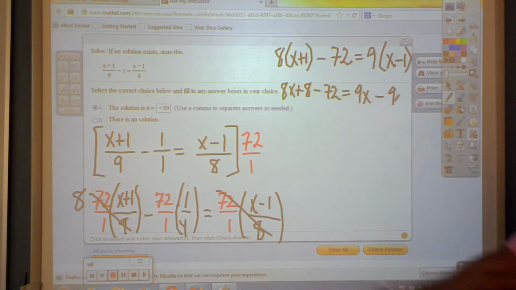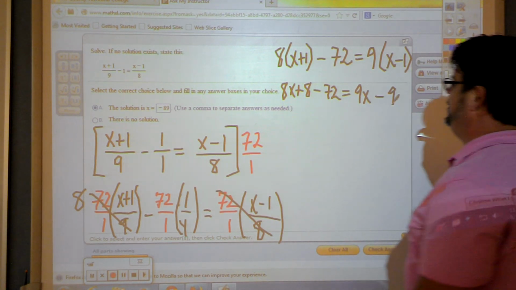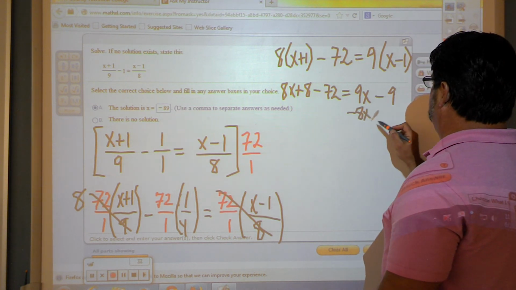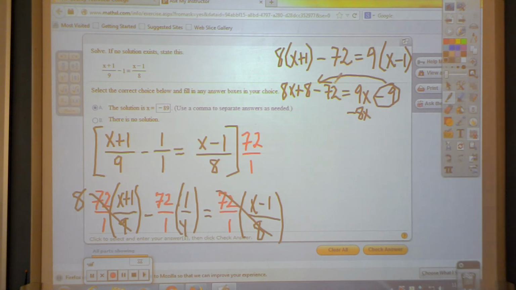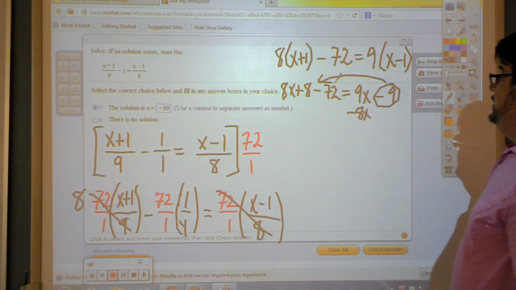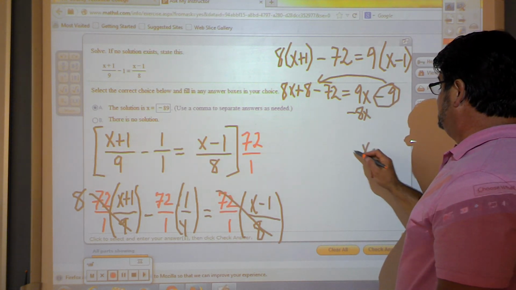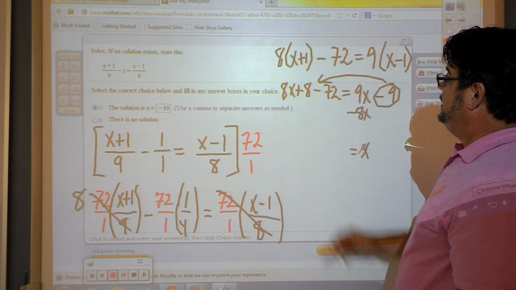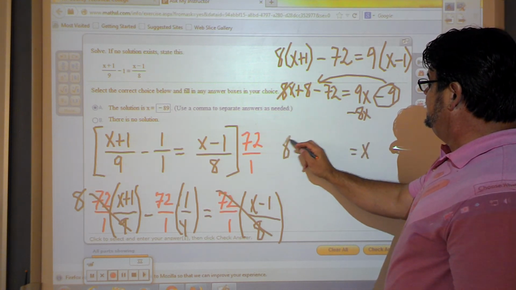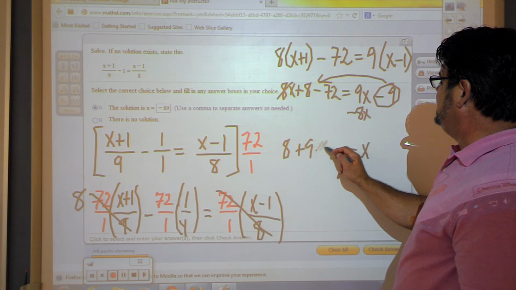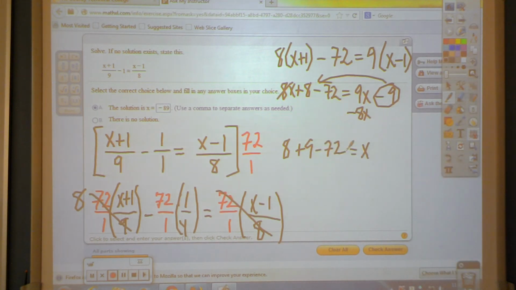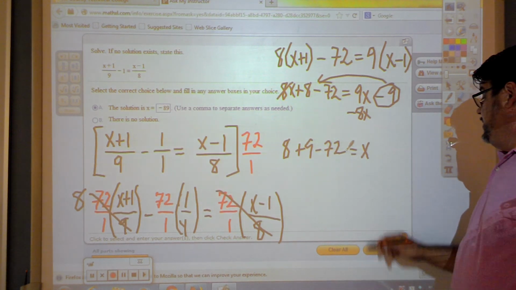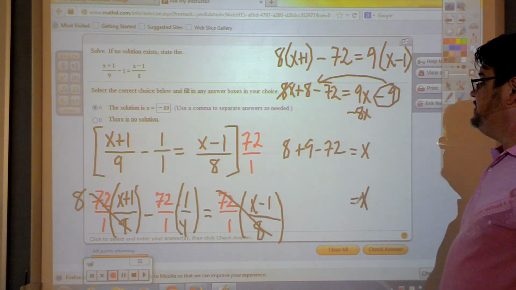I'm gonna bring that 8x over because I wanna keep my variable positive. And I'm gonna bring that 9 over because I'm gonna keep the x by itself. 9x minus 8x is x, well that's nice. And then 8 plus 9 minus 72. 8 plus 9 is 17 minus 72, I have no idea, but somebody can tell me.